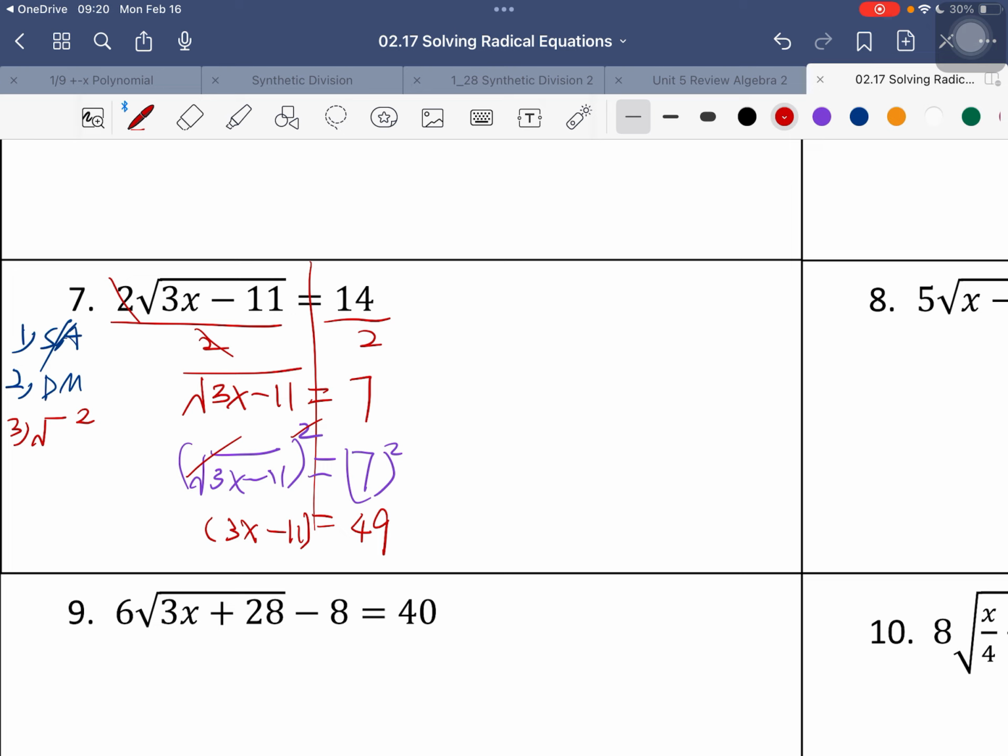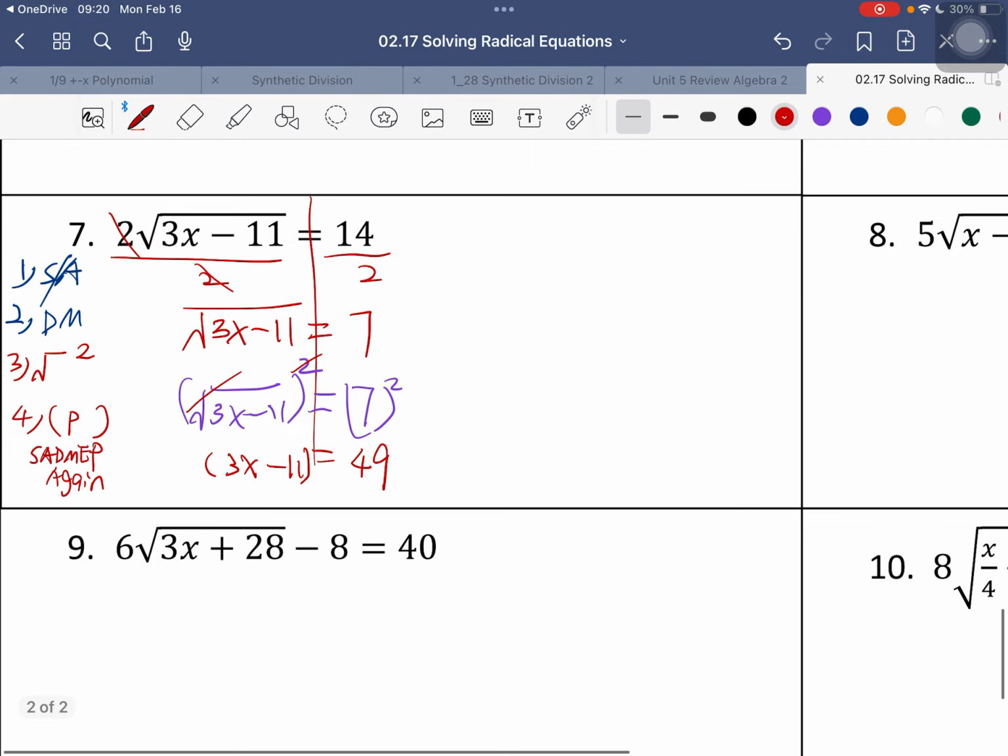Now I see the parentheses again. Parentheses, SAMDEP again. It's a minus 11, S or A, subtraction or addition, so I plus 11 on both sides.